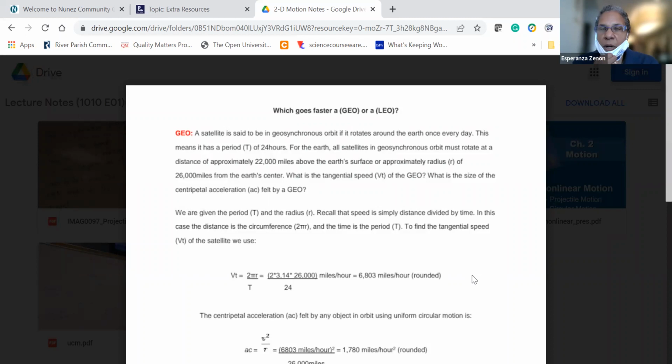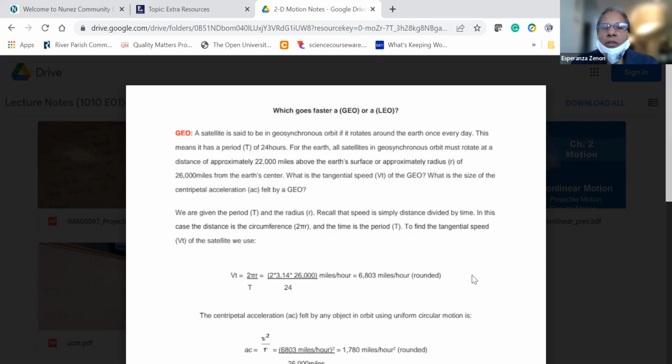Remember, that is motion where the object is going around in a circle with a fixed speed, but an acceleration because its direction always changes. I'm going to solve two problems for you that look at, for those two different types of satellites orbiting around the Earth, which one of them is actually going faster.